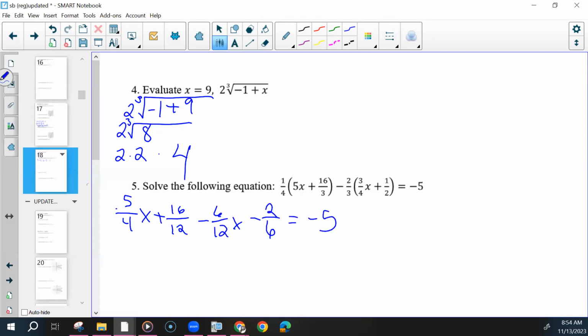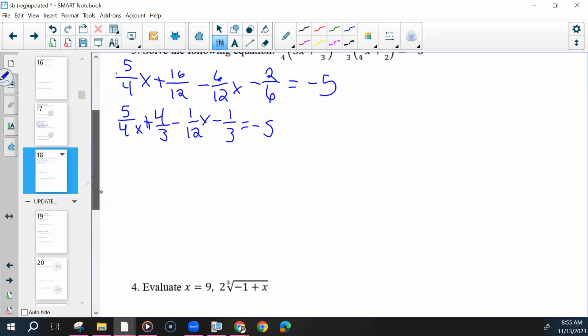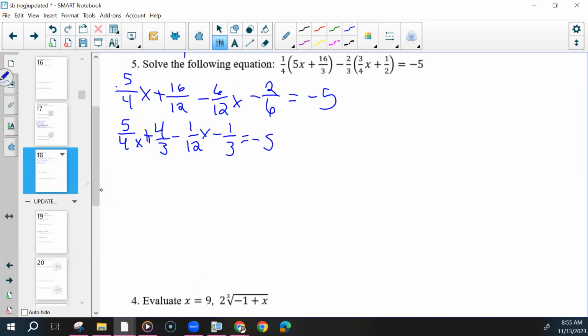We can simplify 3 of these. 5/4 x will stay the same. Then we have 4/3 minus 1/2 x minus 1/3 equals -5. So if this is where you started, that's fine. And then we can combine like terms.